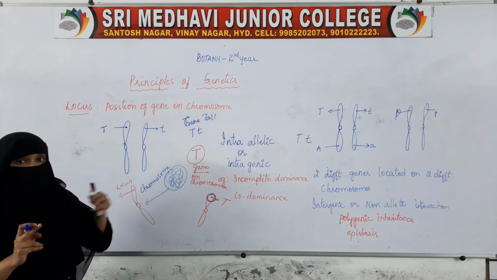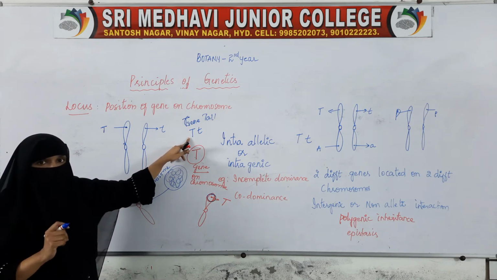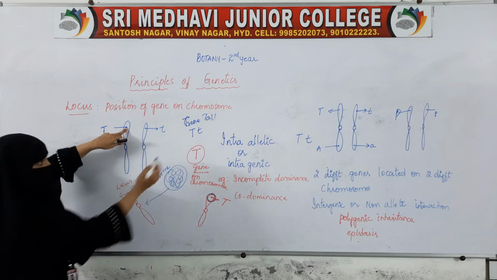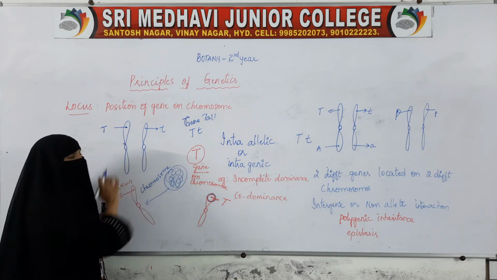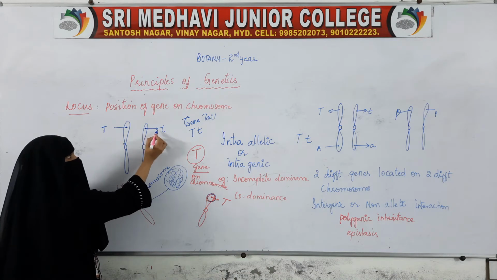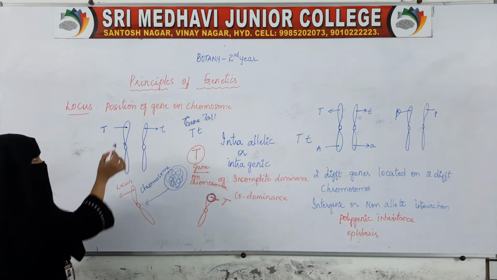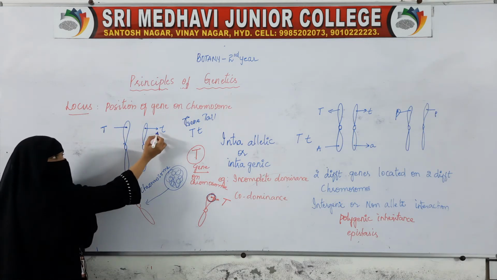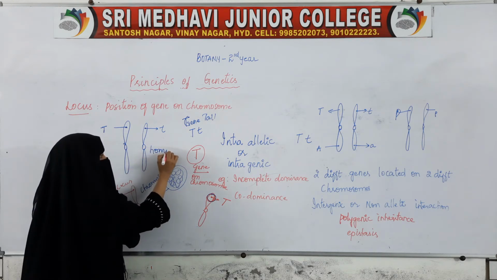So this is capital T, and beside it a homologous chromosome will have small t. On one chromosome there is one allele of the gene, and on the other chromosome the other allele.